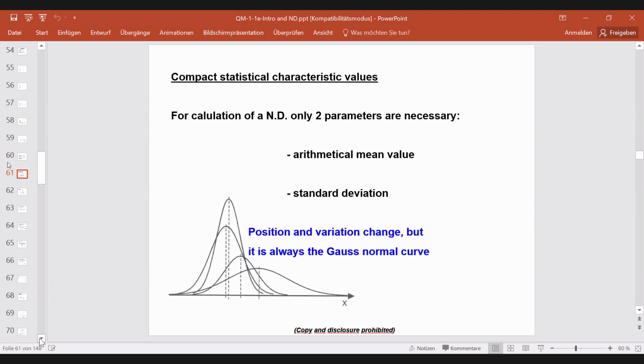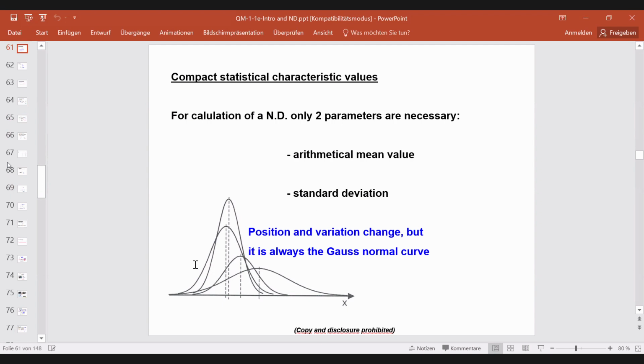Now, if we have a look at the normal distribution, a lot of measurements in the industry can be described by the normal distribution. The normal distribution has two parameters, and this is the arithmetic mean value and the standard deviation.